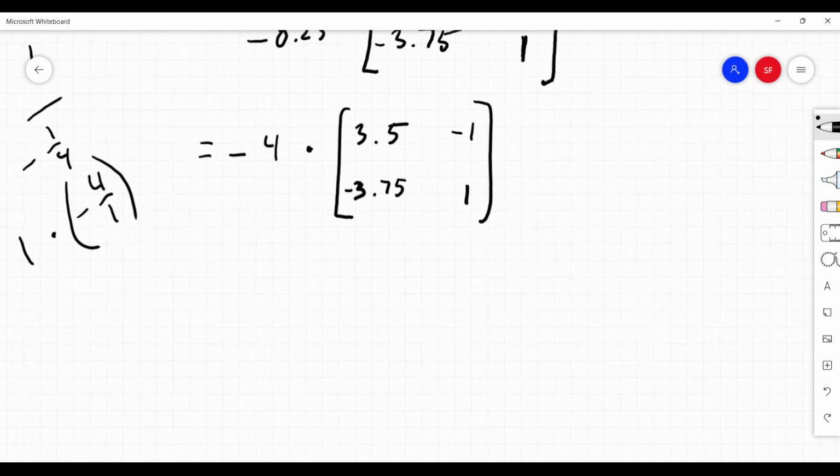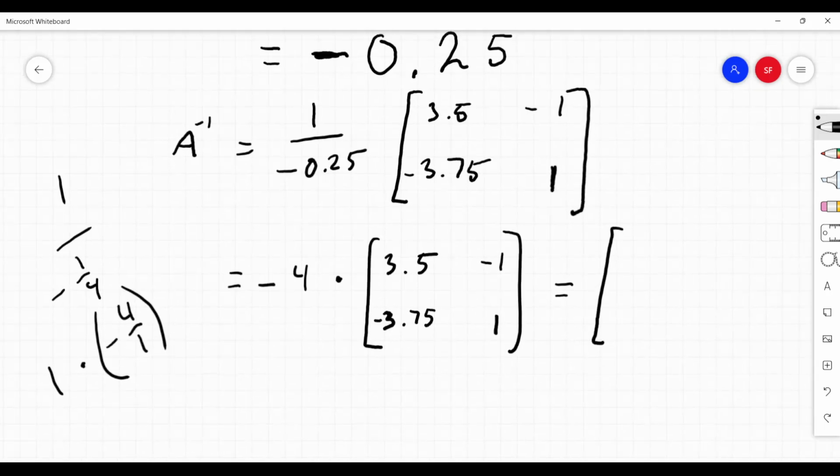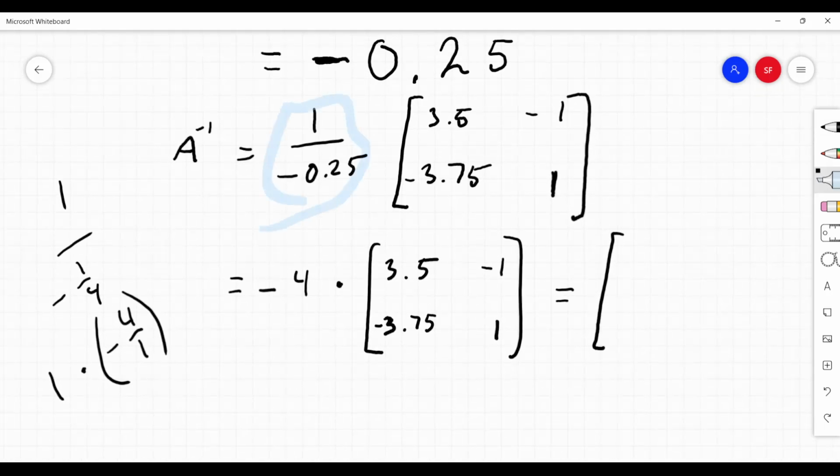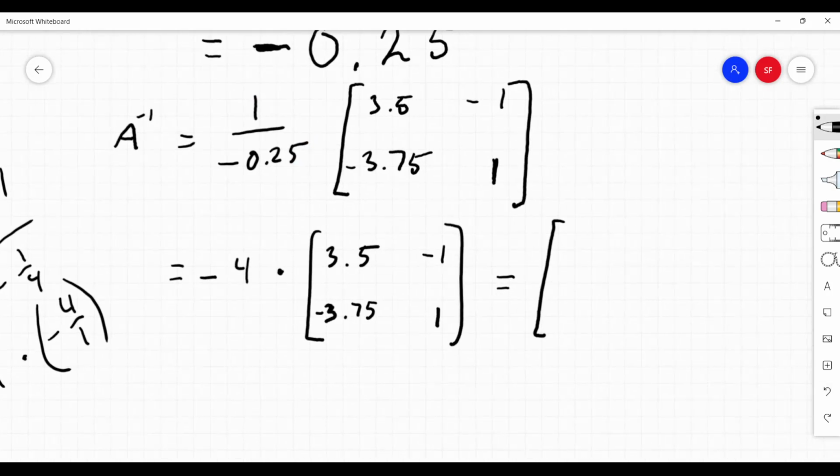Okay. So when you multiply that -4 in there, what do we get? There's no 1 above it anymore? No, because we simplified this mess. Negative 14. Positive 4.